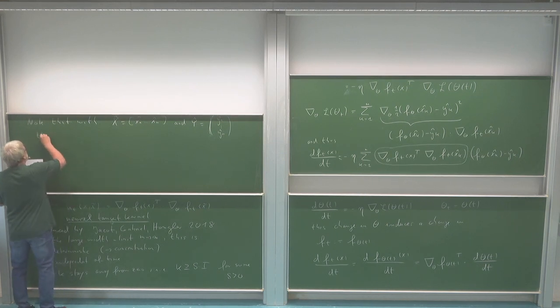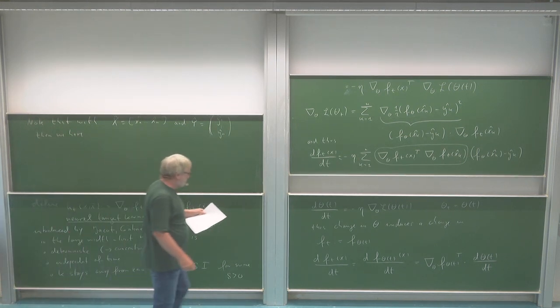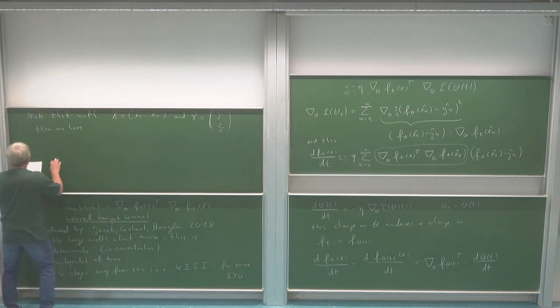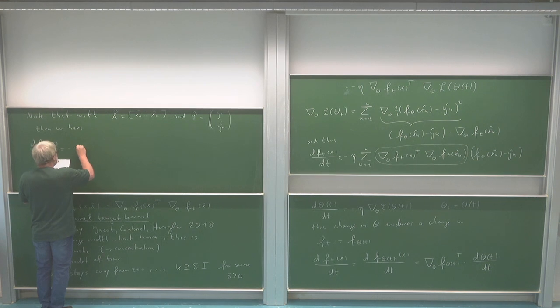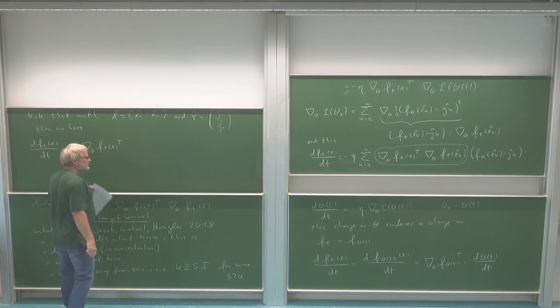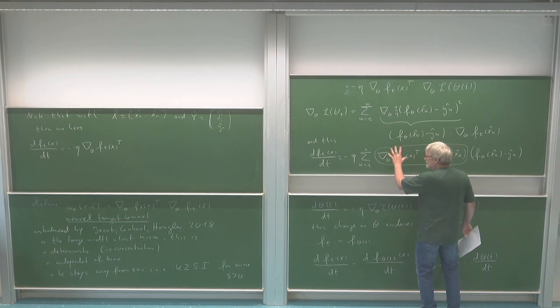Okay, then I can write this equation here for the time evolution maybe also in the following way. So let me write it again. I have d f_t of x with respect to dt. This is minus eta times the gradient of f_theta at x_t, transposed. I mean, this doesn't depend on k, so I can take it out.